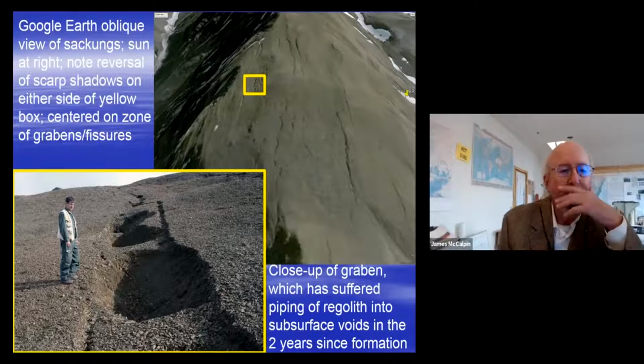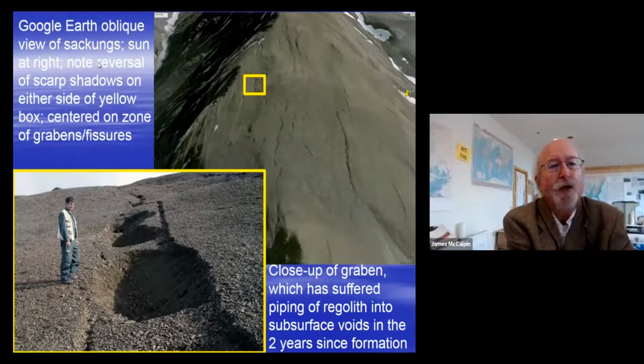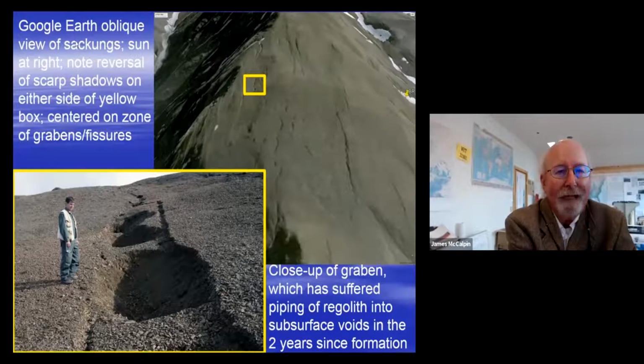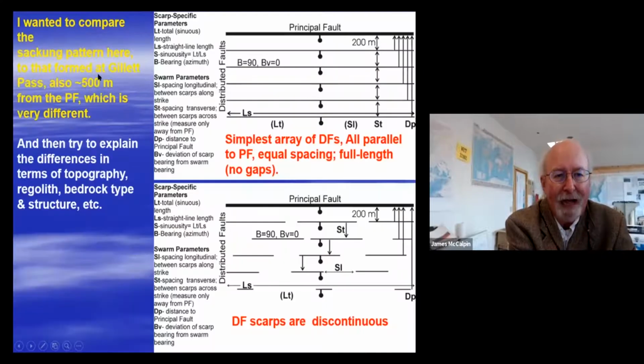Okay, because I just wanted to get a quantitative metric to compare this sackungen pattern with another one along strike on the fault, I just thought, well, what's the most simple structure of distributed faulting? It would be to have a bunch of distributed faults that were parallel to the principal fault, that were equally spaced, that were all as long as the principal fault.